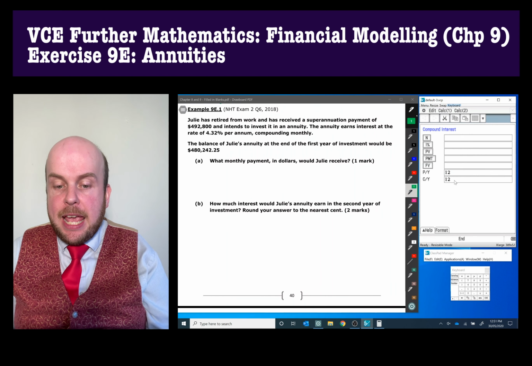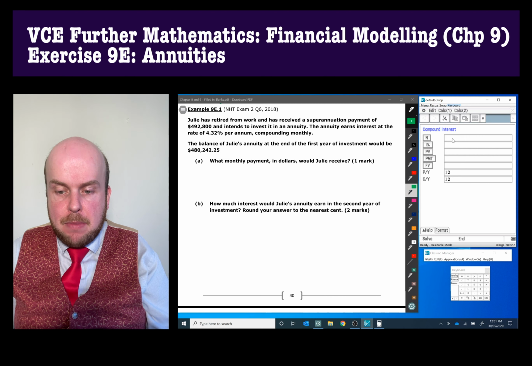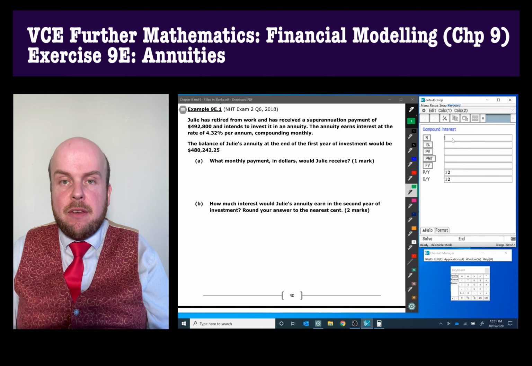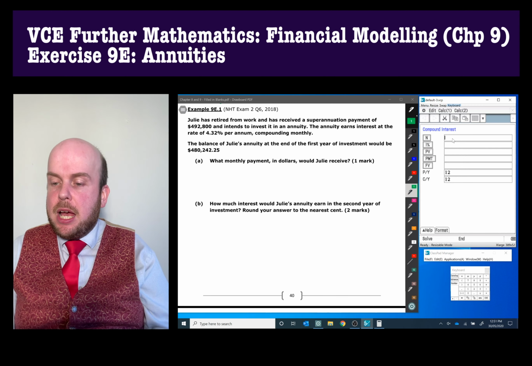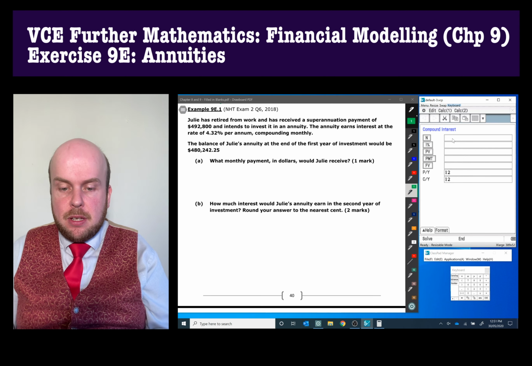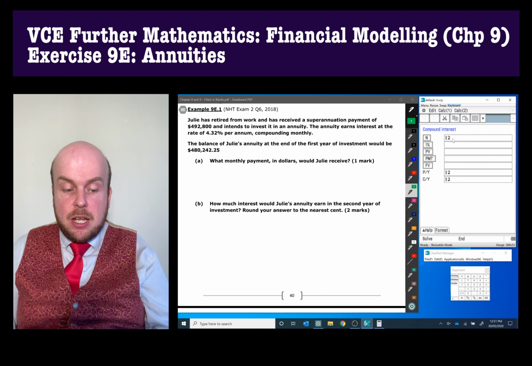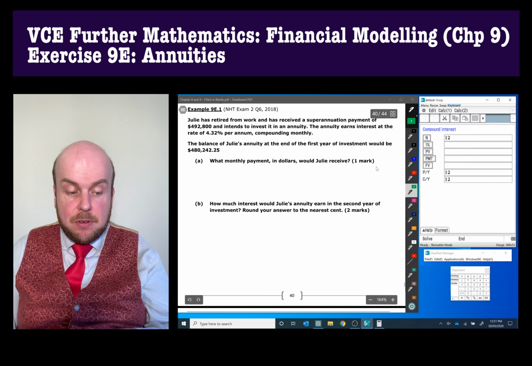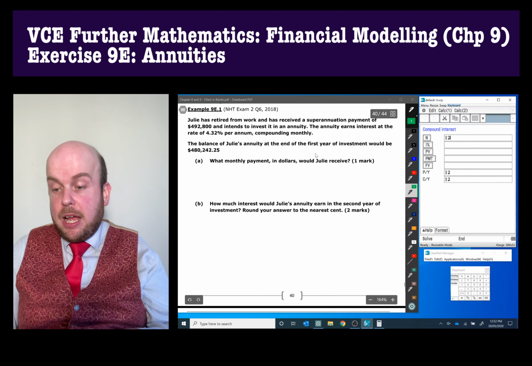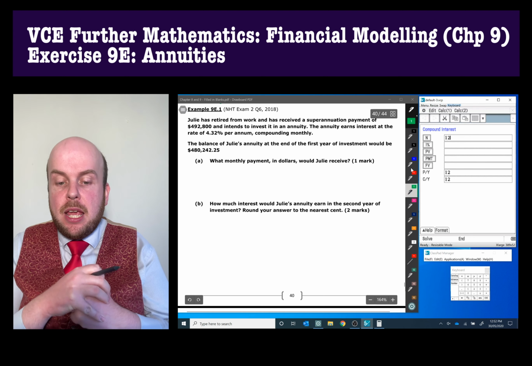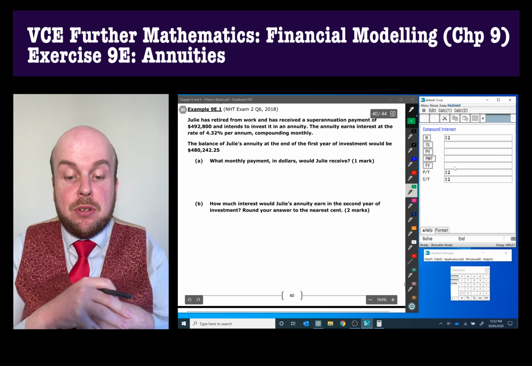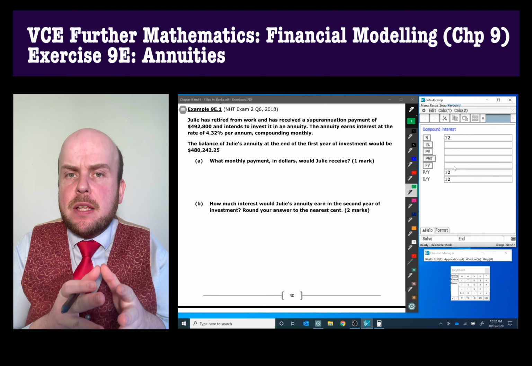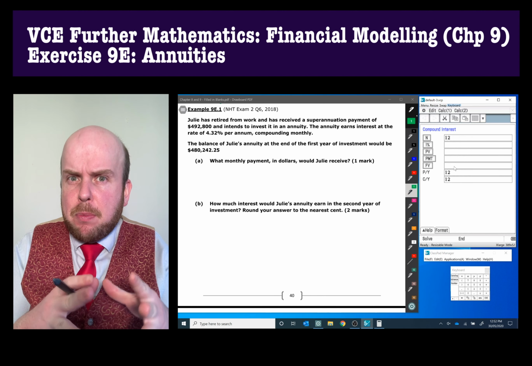We put in N as the number of months, so we're looking after 1 year, 12 months. The amount that she still has in her account is $480,242.25.